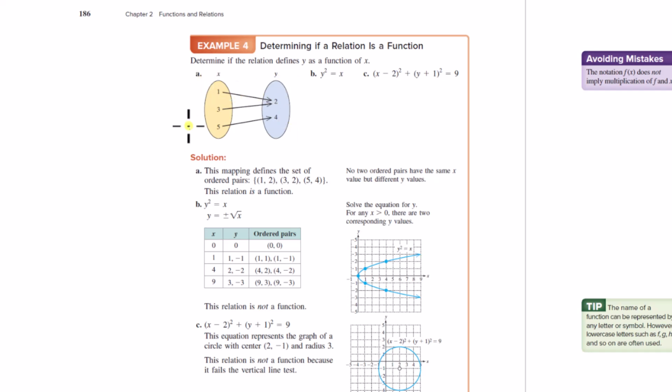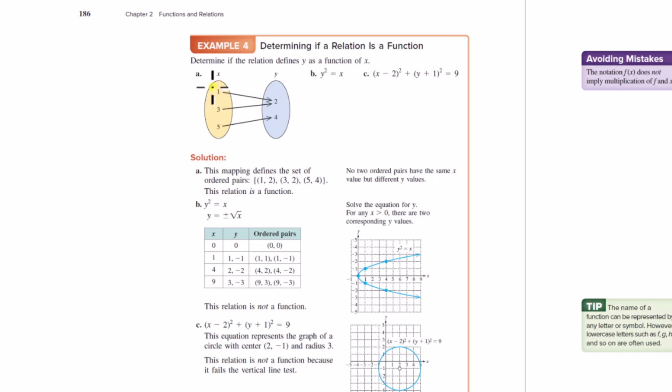Okay, but is this a function? Well, first of all, remember, if you're asking if a relation is a function, you have to be clear on what exactly are the inputs and what exactly are the outputs. Because it could be the case that y isn't a function of x, but x might be a function of y. So you have to be clear on what exactly you are asking is a function. Here the question is, is y a function of x?